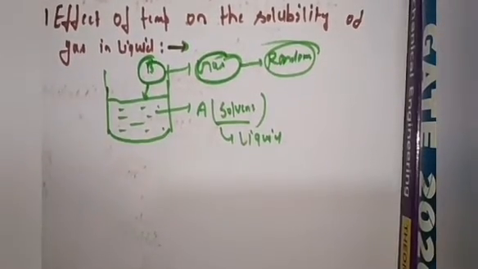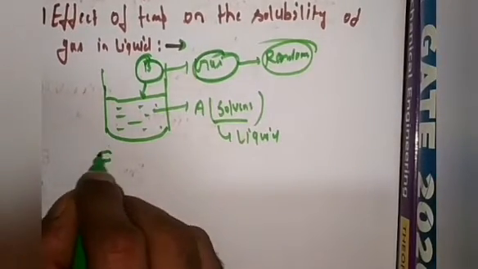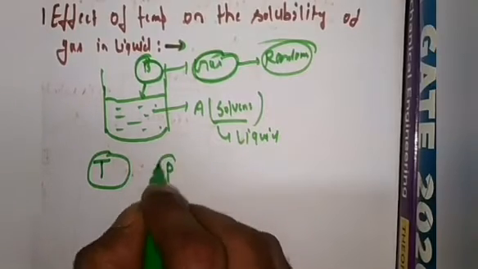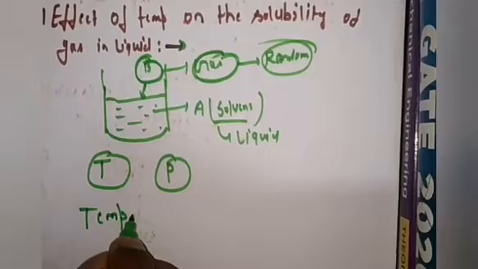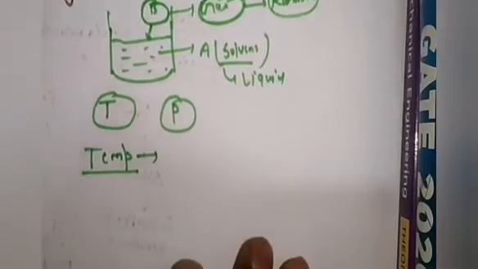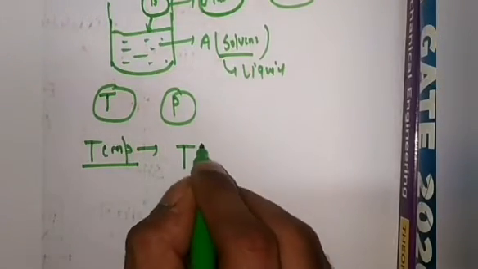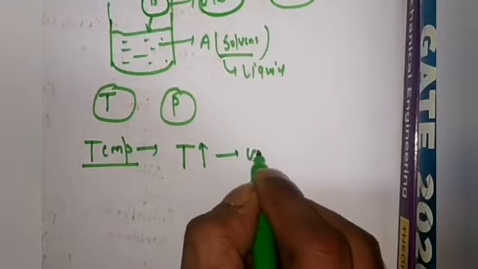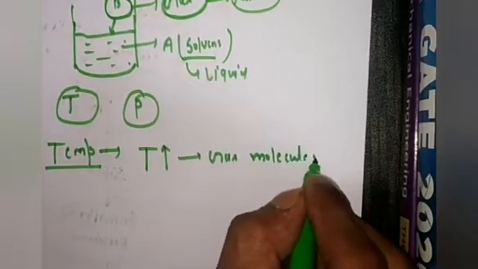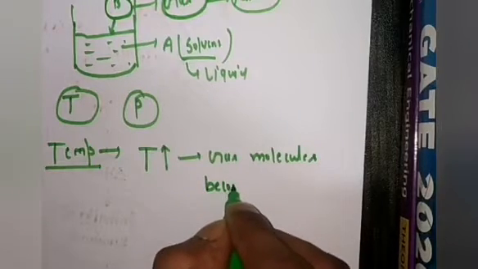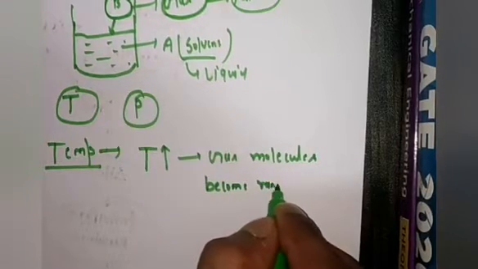Just understand one thing, because here you can dissolve a gas into a liquid by two phenomena, either based on the temperature or based on the pressure. I am going to discuss the temperature effect first. What is the effect of temperature? If you increase the temperature, then gas molecules become more random.